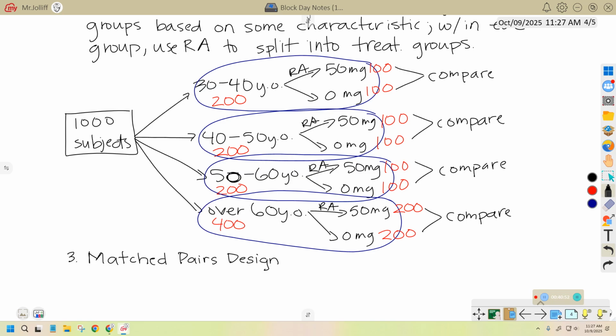I've done 4 separate completely randomized designs. So stratified sampling is very similar to randomized block design. We're doing completely randomized design by subgroup. Yes, Isabel?